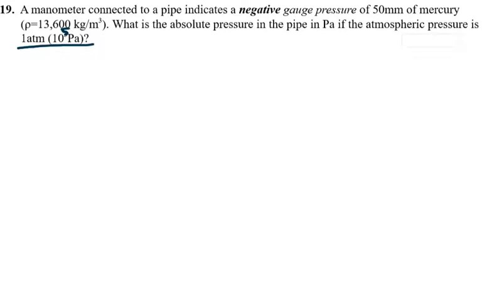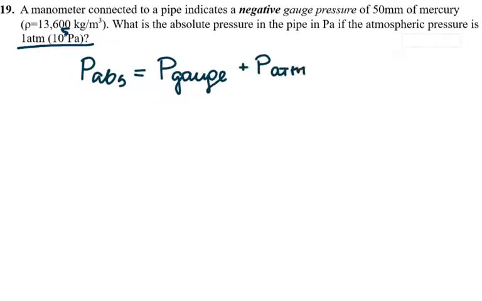And absolute pressure is the gauge pressure plus the atmospheric pressure. The gauge pressure is equal to rho g h. This is caused by the difference in the pressure between atmospheric and absolute inside of the gas tank.